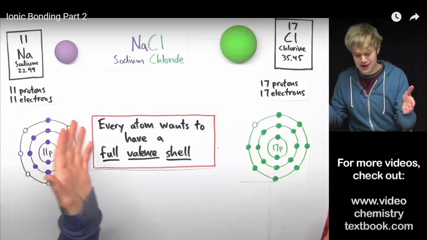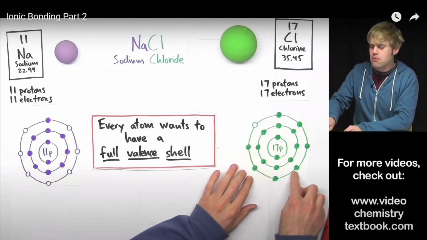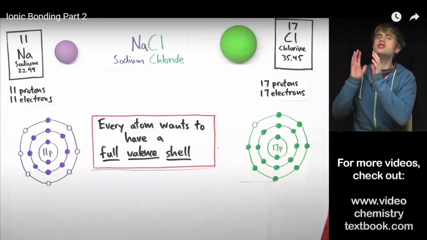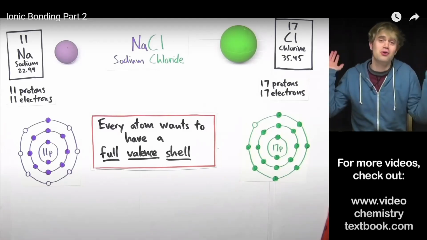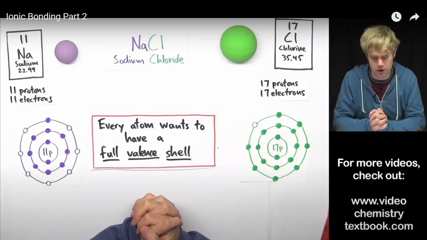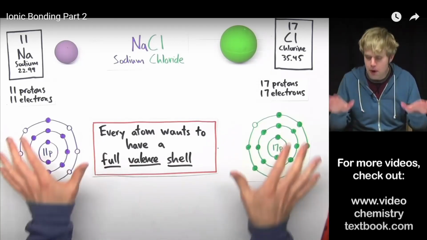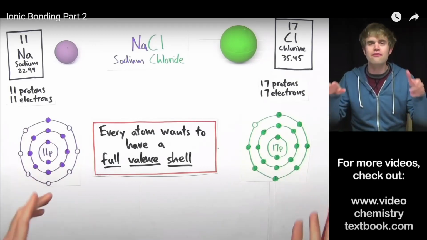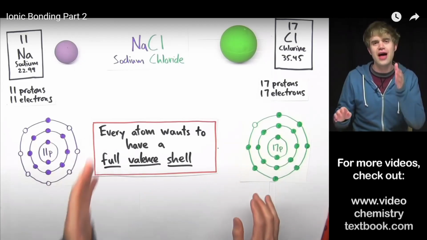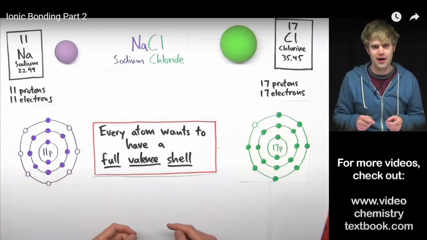Chlorine, on the other hand, is also upset because it's got a mostly full valence shell, but it's got one empty spot. It's so close. It's so close, but it's still super unhappy because the valence shell isn't full. So sodium and chlorine are both unhappy. They both want to fix their situation. And in trying to fix it, that is how they're going to end up with an ionic bond.